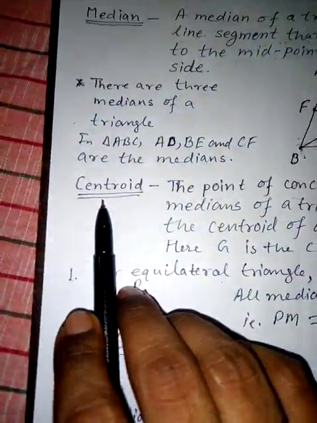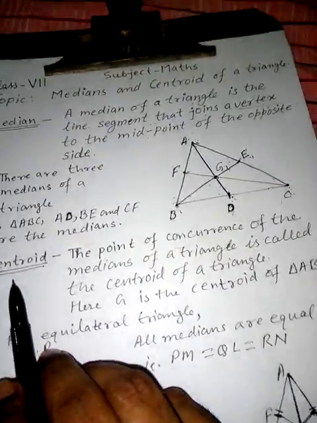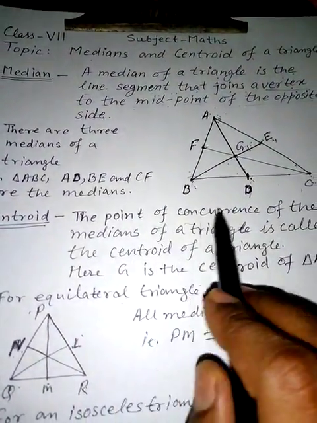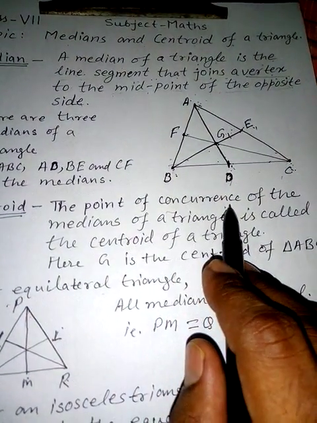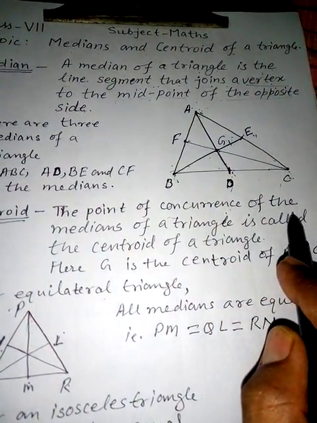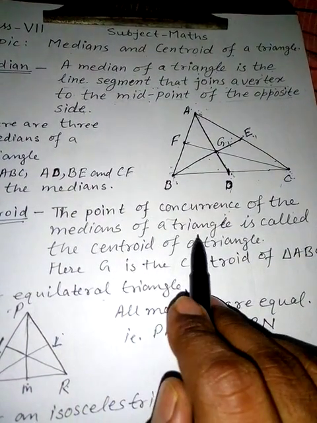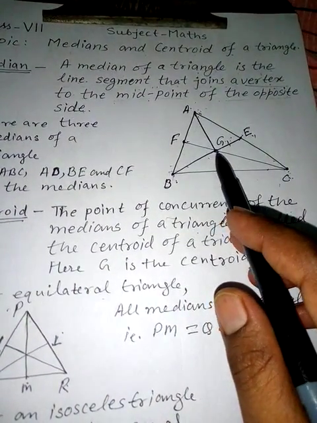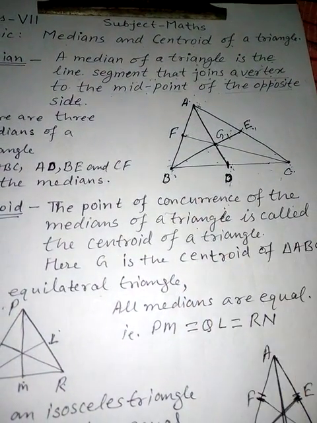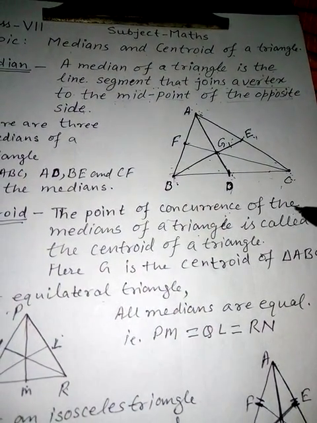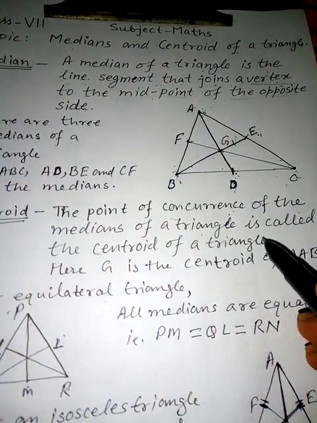So for centroid we can say that the point of concurrence of the medians of a triangle is called the centroid of a triangle.